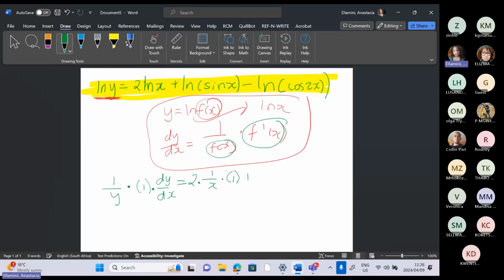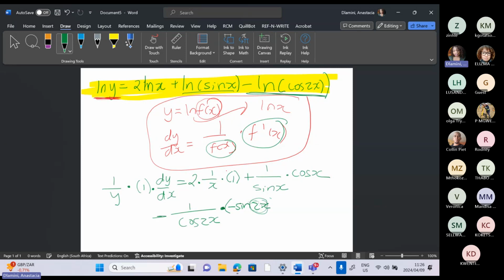Okay, plus this one now. Differentiate that. This is 1 over sine, the inside function, times the derivative of the inside function. It's cos of x, minus the derivative of this. So this is minus 1 over cos of 2x times the derivative of cos of 2x, which will be minus sine 2x, but cosine also has a function inside here.